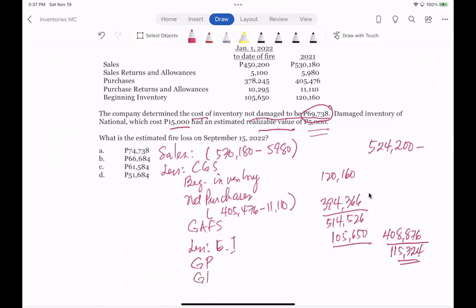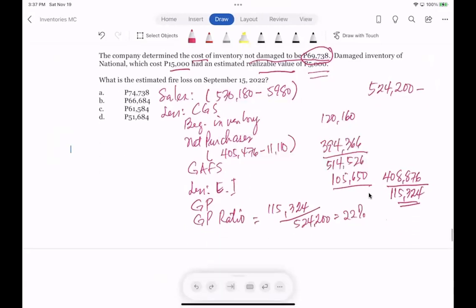So for the GP ratio, you may compute for the GP ratio or cost ratio. So 115,324 divided by 524,200 is 22%. That means therefore that your cost ratio is 78%, 100 minus 22%.